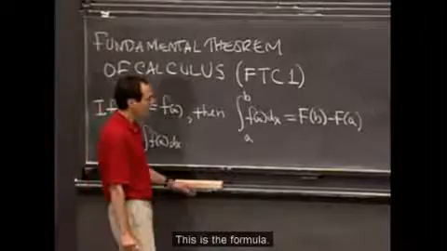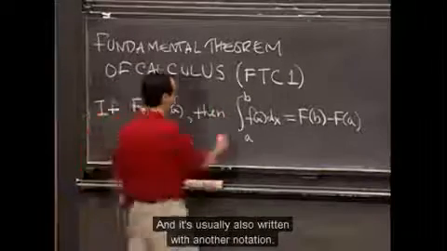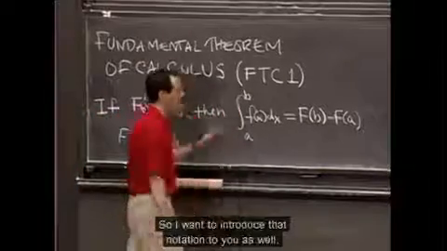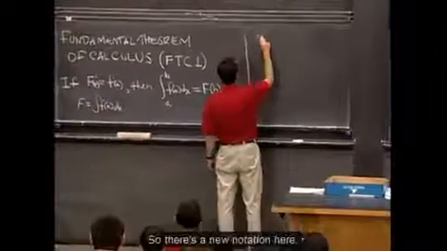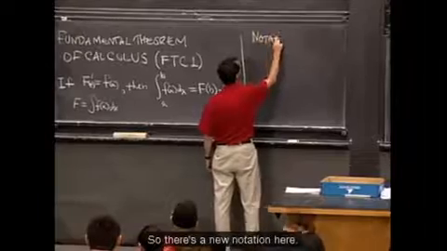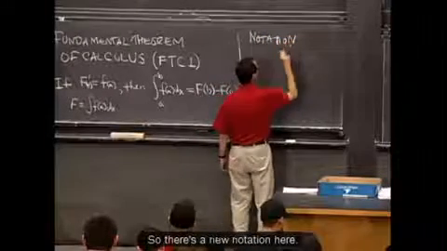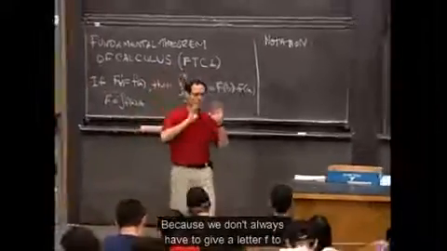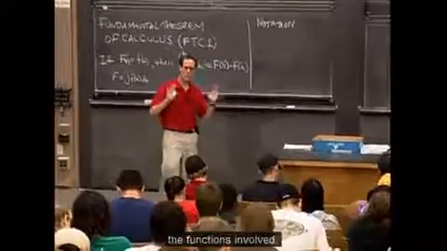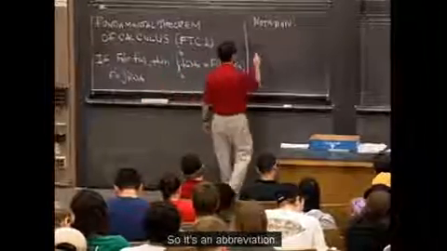This is the formula. And it's usually also written with another notation. So I want to introduce that notation to you as well. So there's a new notation here, which you'll find very convenient because we don't always have to give a letter F to the functions involved. So it's an abbreviation.